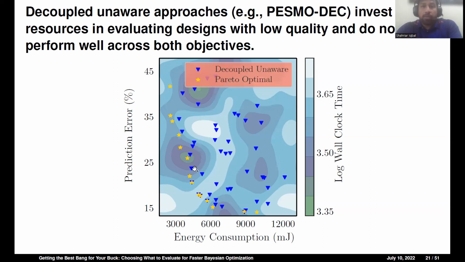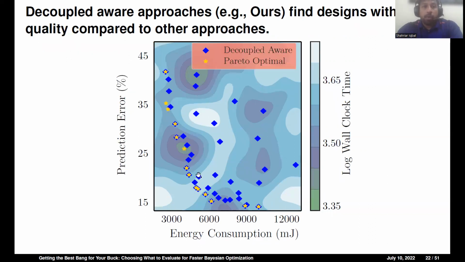Decoupled unaware approaches suffer from evaluating a lot of designs of low quality, and they do not perform well for all objectives. Here you can see they have done well for prediction error, but have not done well for energy consumption. However, our decoupled aware approach can find designs with better quality. You can see they have found designs with lower prediction error and lower energy consumption. And also, they have only measured a design across the costly objective when the gain was high enough.